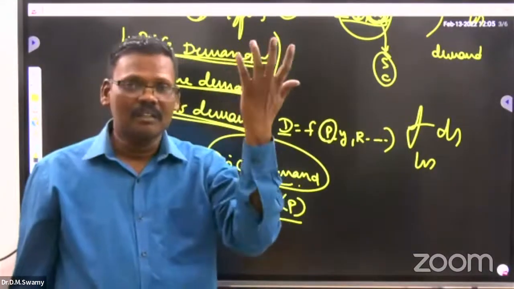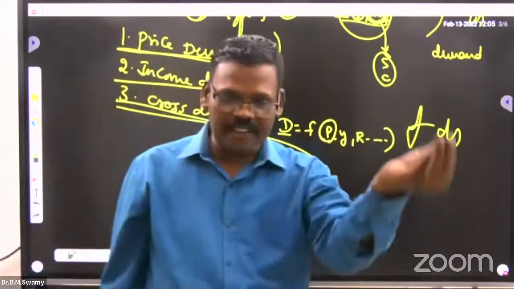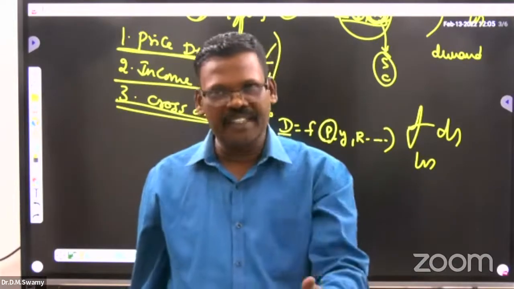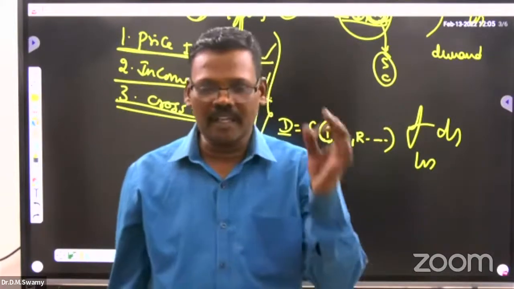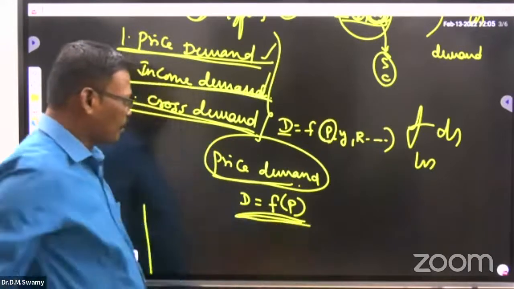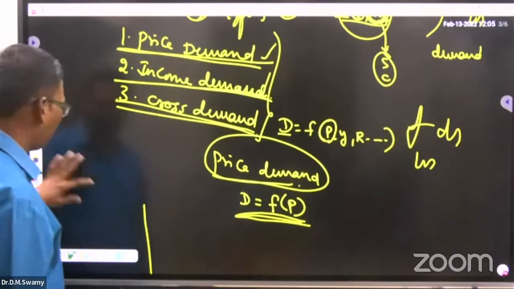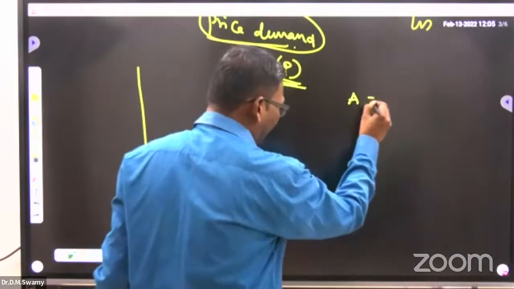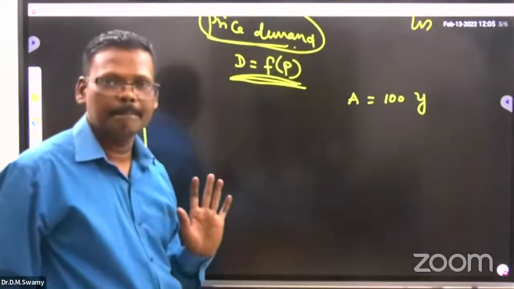Income is constant. Related goods and prices are constant. Your taste, your time, your preference, your place, everything is constant. But we are discussing only the relationship between price and demand. For example, consumer A has 100 rupees income.